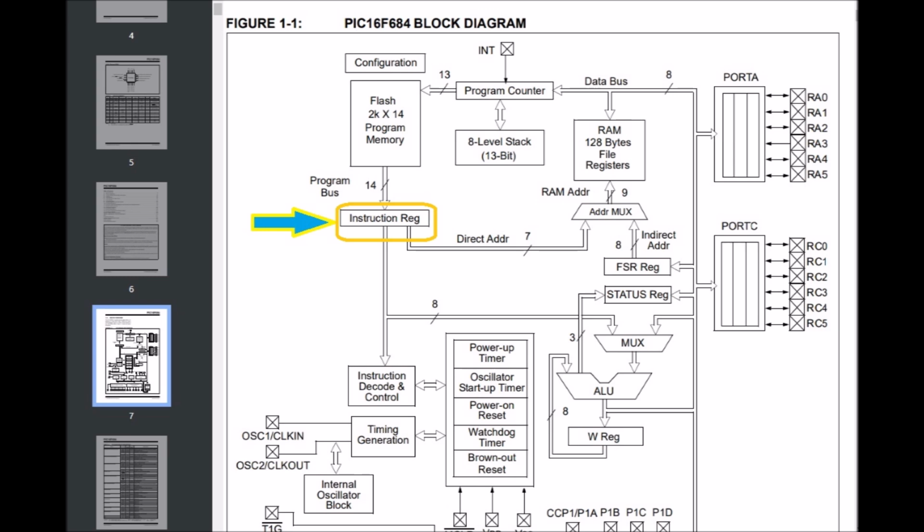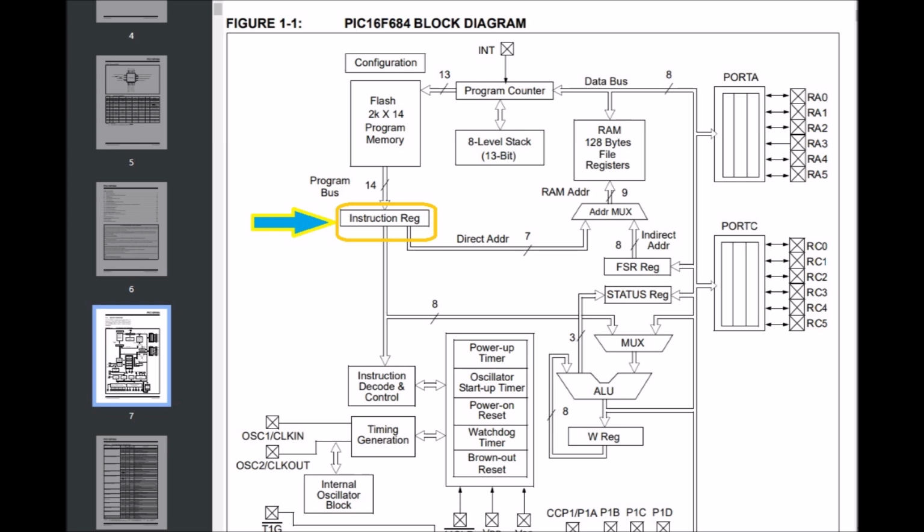Its primary function is to temporarily hold the current instruction fetched from the program memory before it is decoded and executed by the CPU. So here's a detailed explanation of the role of the instruction register.